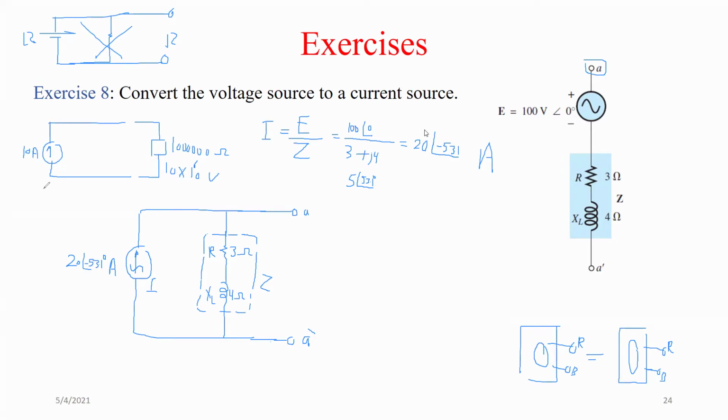Just bring a source that has 10 amps and connect 1 mega ohm. But that's not going to happen. When you connect 1 mega ohm, most of the current will actually be dropped inside. It's not going to come out, because the impedance is very high. Hopefully this makes some sense.